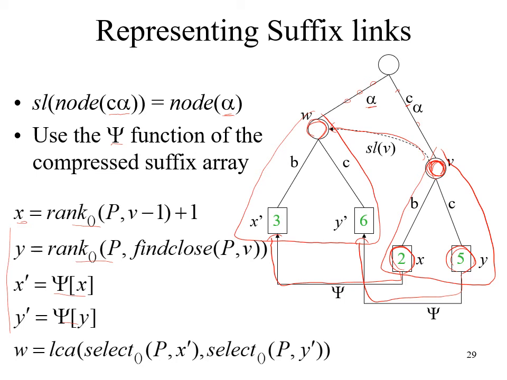This is done in constant time. Psi is computed in constant time, and also LCA, and also select and rank, in constant time. And we don't need any extra index except for rank and select on leaves.